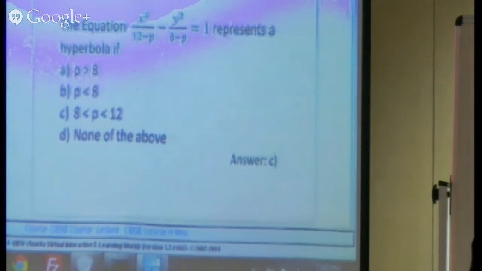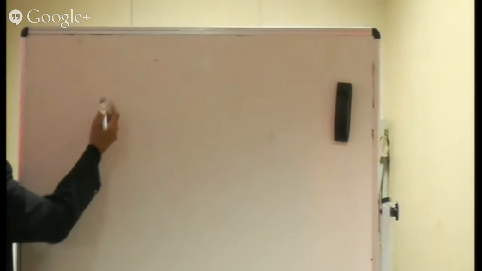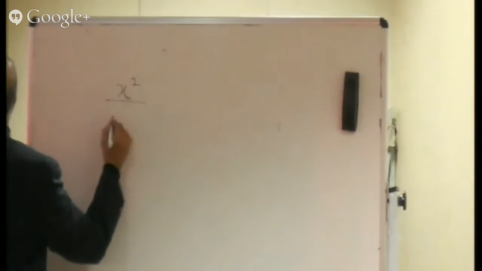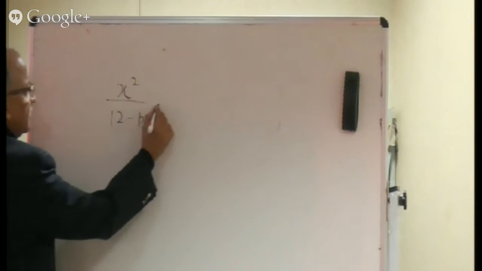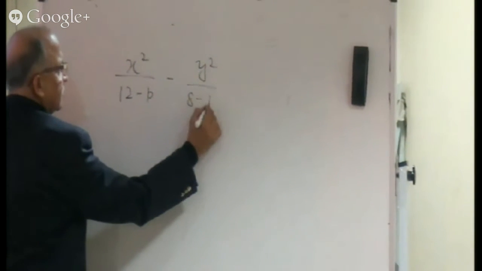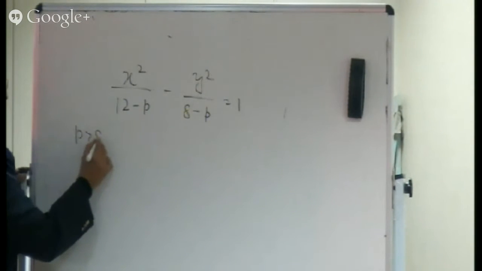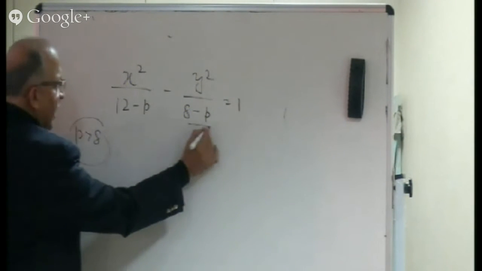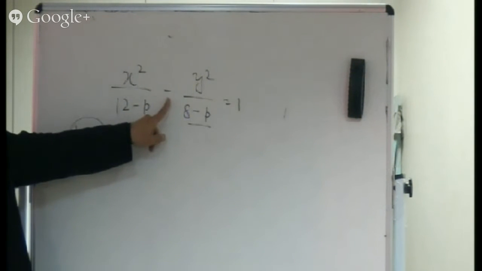Have you understood this? Let me repeat this question because the choice I had written there is not correct. Let us carefully examine it so that there is no confusion. x square divided by, read it for me, 12 minus P. Whenever you choose P greater than 8, 8 minus P is negative, so this term becomes positive.